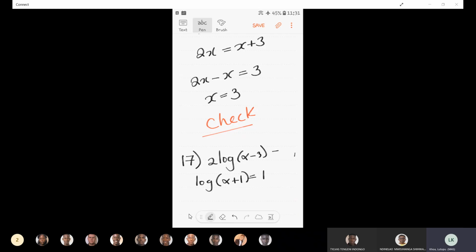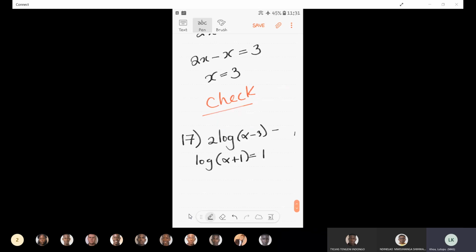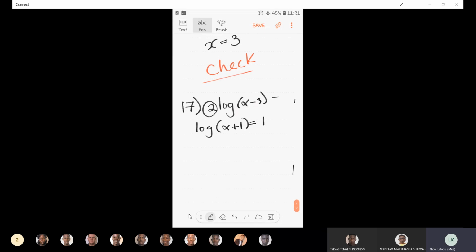So here my bases are the same, so I will combine them, but before I combine them, this coefficient over here, I need to make it the exponent of my argument. So what I will have is this. This is log alpha minus 3 squared minus log alpha plus 1. This is equal to a 1 over there.